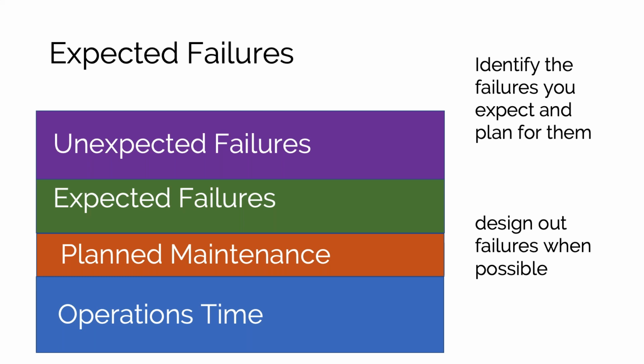Sometimes we'll intervene through a planned maintenance to replace the part before it breaks. Other times we can just let it go. So an expected failure is something like a small diameter pipe in your distribution system. We expect over time there's going to be a crack, a hole, some kind of break in that pipe. That's an expected failure.